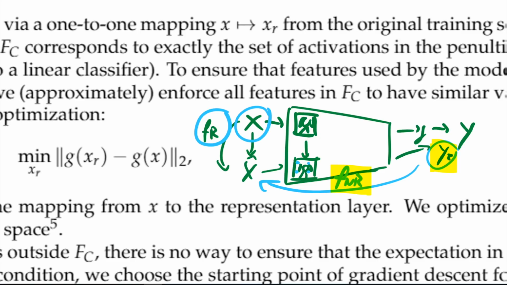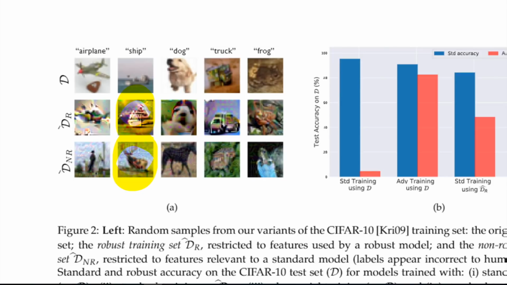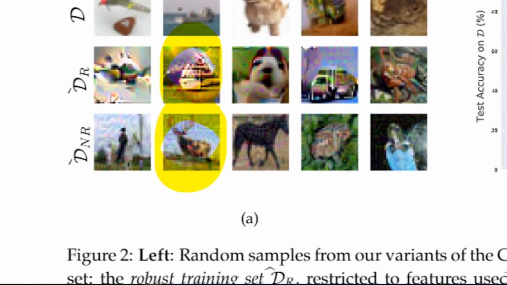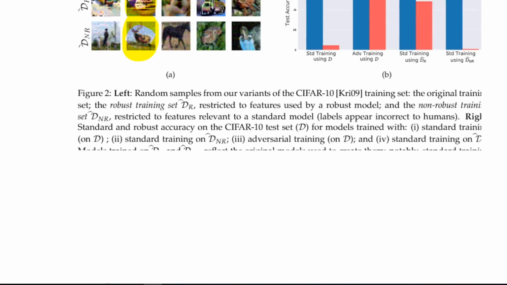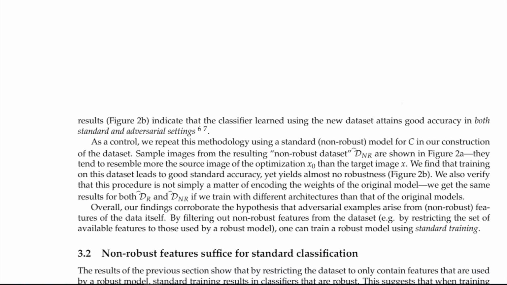So that's how I derive a version that has robust features of one class, but non-robust features of the other class. That's what you see up here with the moose, right? The moose clearly has been started from the image of a moose and then has received non-robust features from the ship class. And that's just your classic adversarial example procedure.